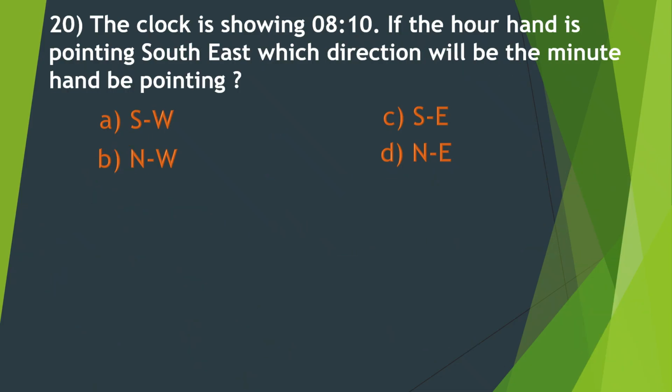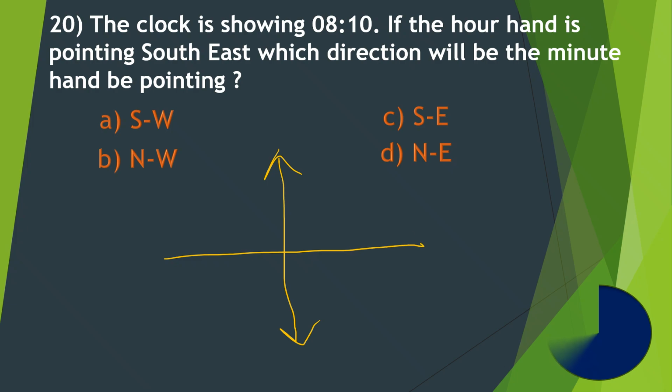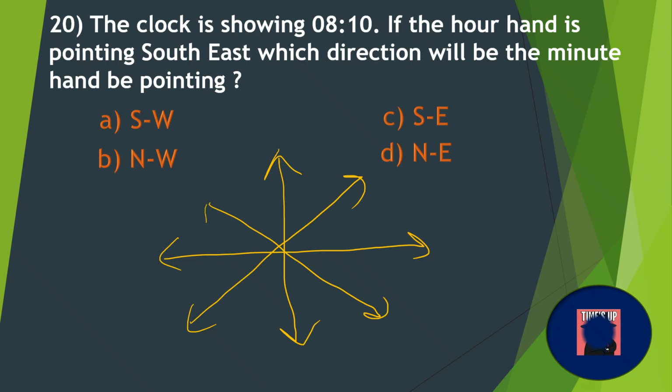Last question on your screen and your timer starts now. Try to solve it. 8:10 is the time. Is the minute hand asked or the hour hand asked? Check properly.